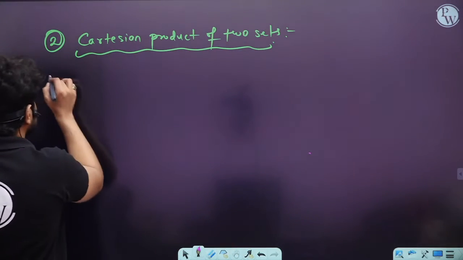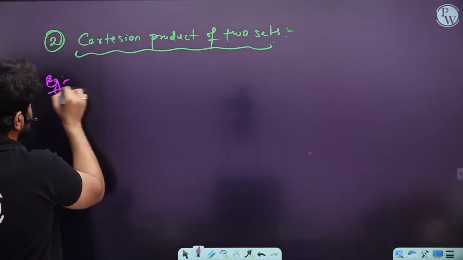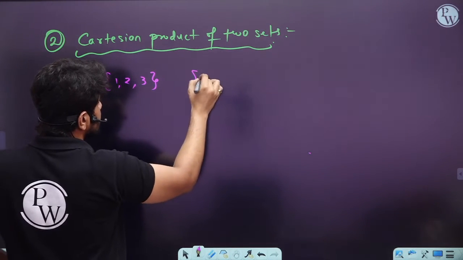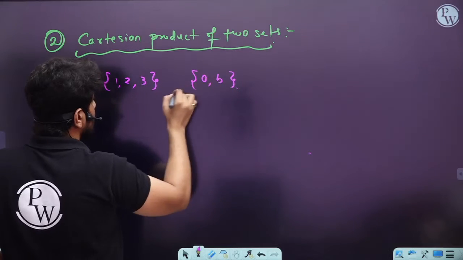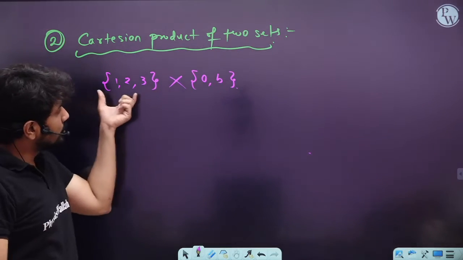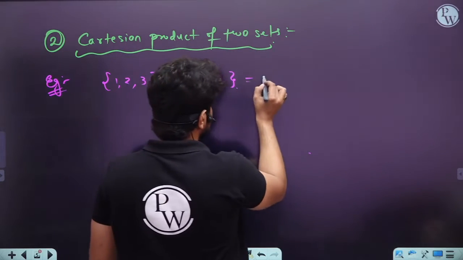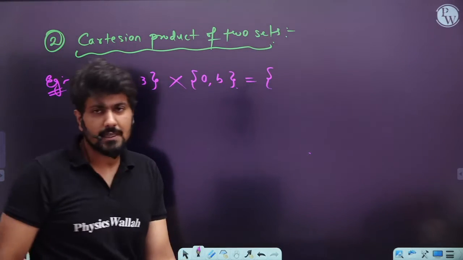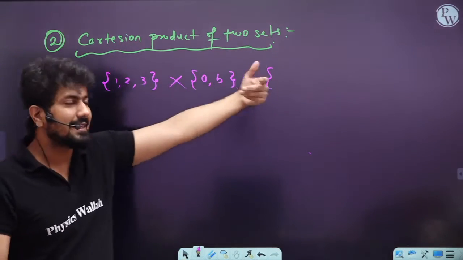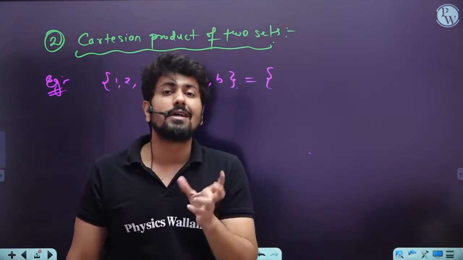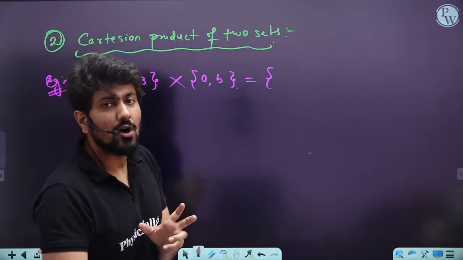Like suppose for an example, there is a set of elements 1, 2, 3 and there is another set A comma B, okay? So Cartesian product of these two sets is also a set, okay? And that's the first thing. That Cartesian product of two set is what? That is a set. Now, this is the set of ordered pair.